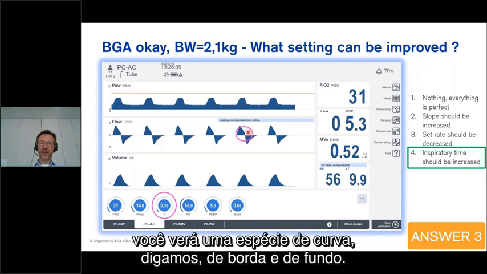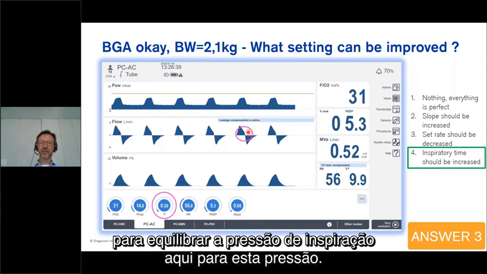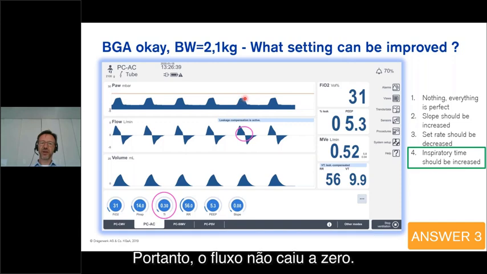You see a kind of edge in the inspiratory flow curve. And that is a clear sign that you give this lung not sufficient time to equilibrate to the inspiration pressure. So therefore, the flow did not really come down to the 0 line.